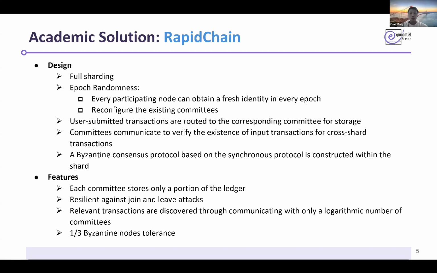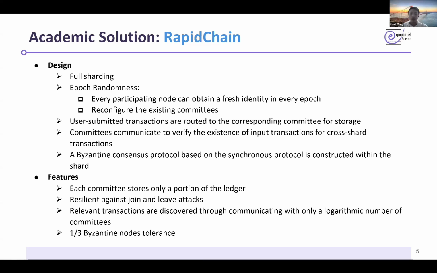Another academic sharding solution is RapidChain, which is a full sharding approach. Its committee division design is similar to Elastico, but it introduces some key differences. RapidChain adds more randomness and a committee reconfiguration mechanism across epochs to enhance security.